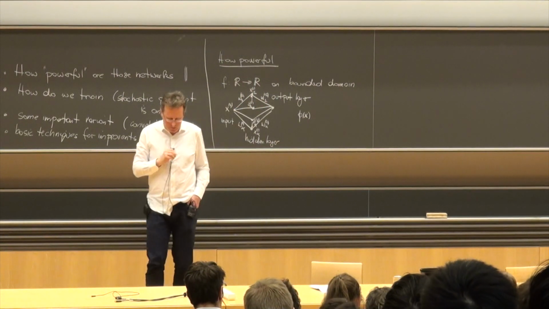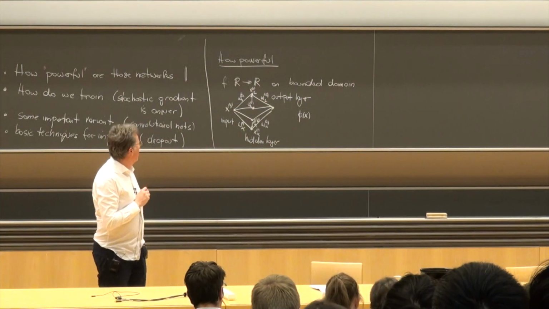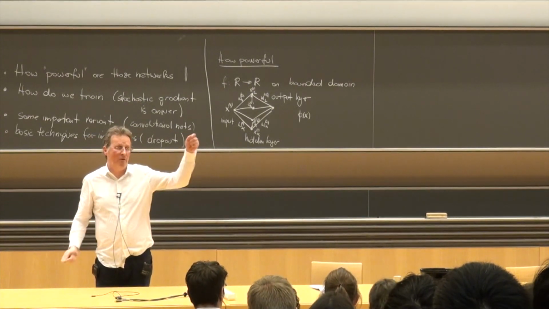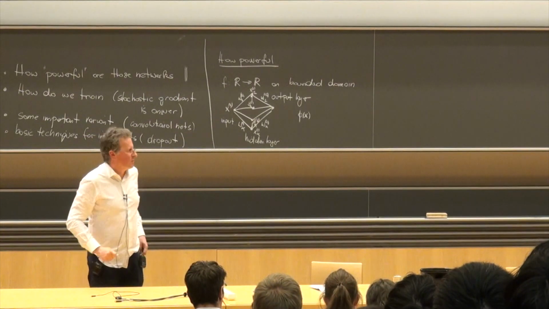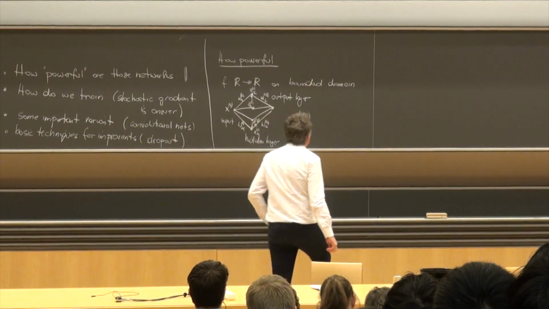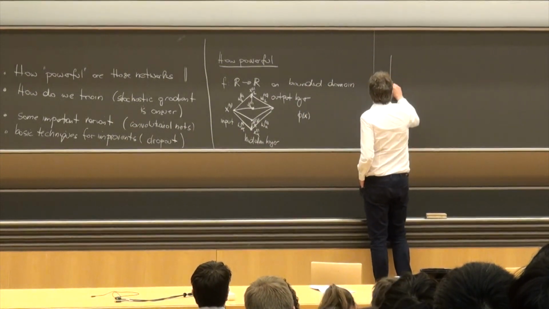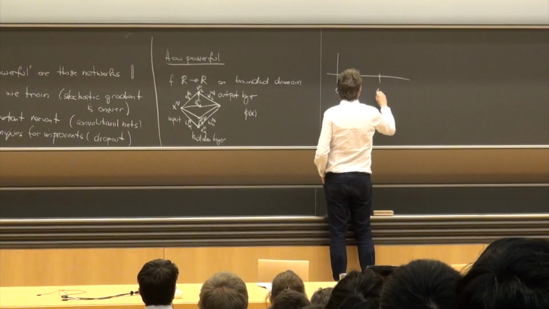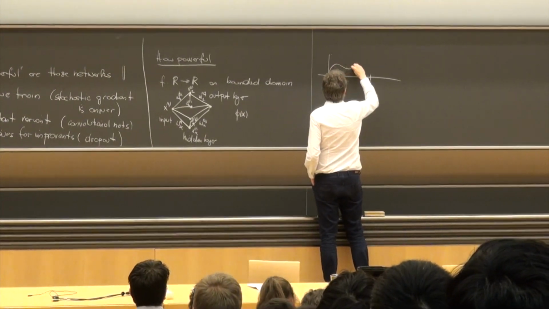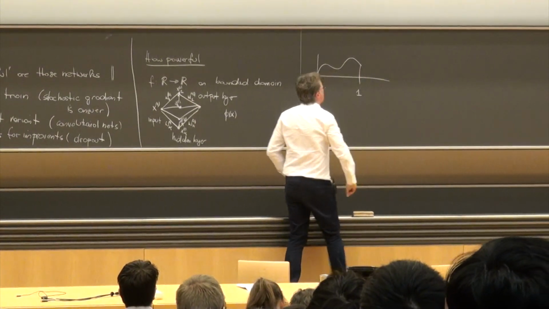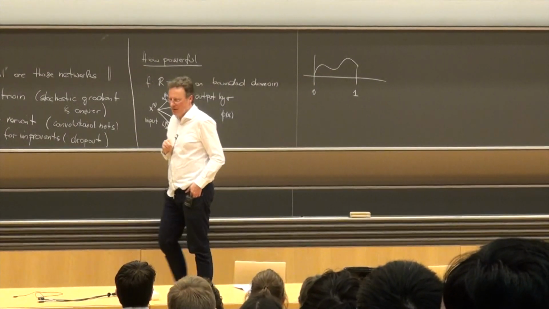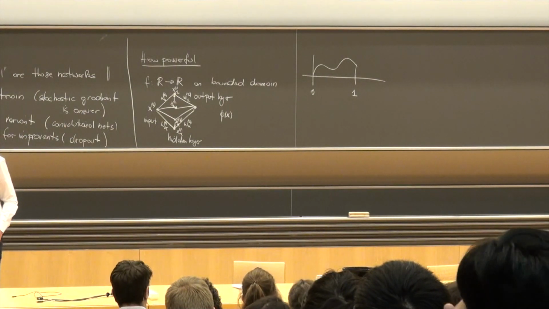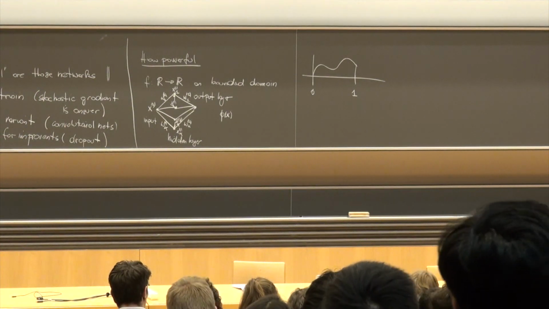Now the question is, let's assume I don't put any particular constraint on the width, on the K. I give you some reasonably smooth function, maybe the function just lives between 0 and 1, and I want to see whether this function can be reasonably approximated with such a neural net.